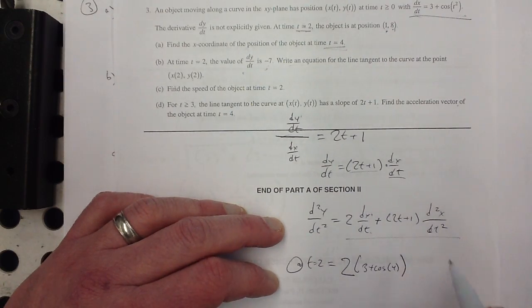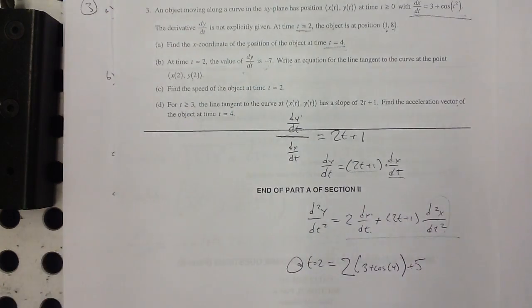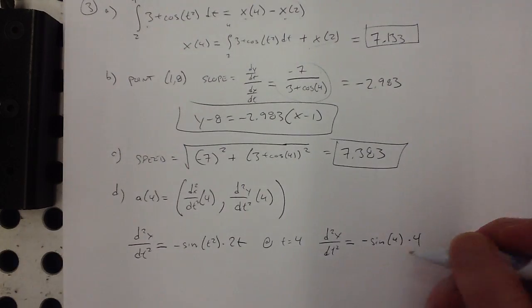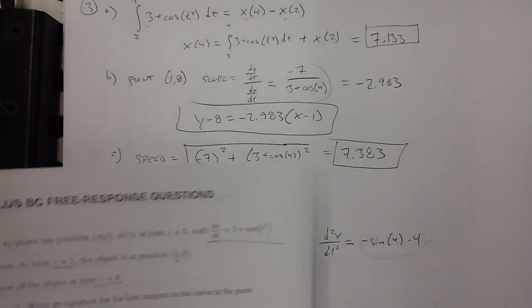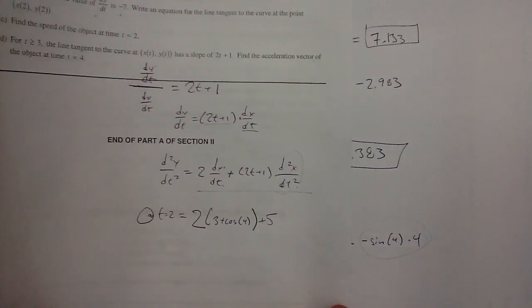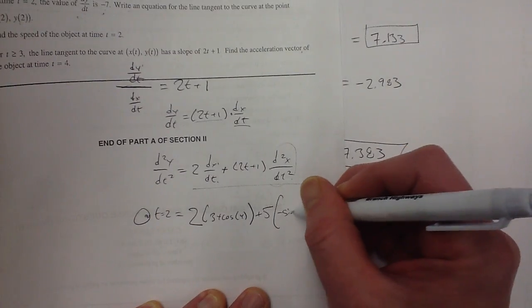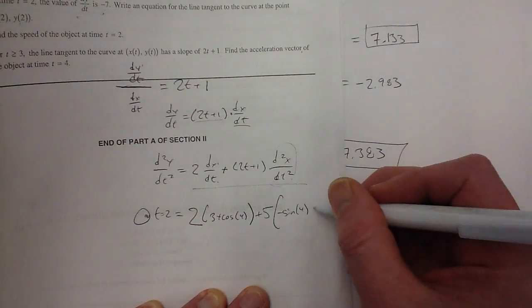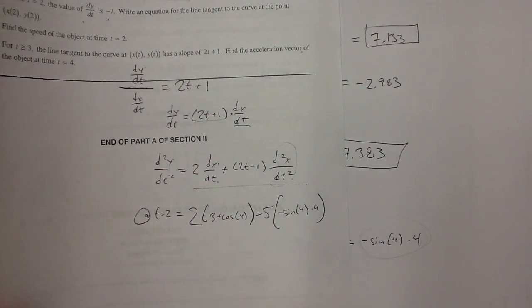Maybe we did find that, I don't remember. And then when t equals 4, this would be 9 times the value of this that we just found, right? That's this. So that would be 9 times negative sine of 4 times 4. That's the second derivative. All right?